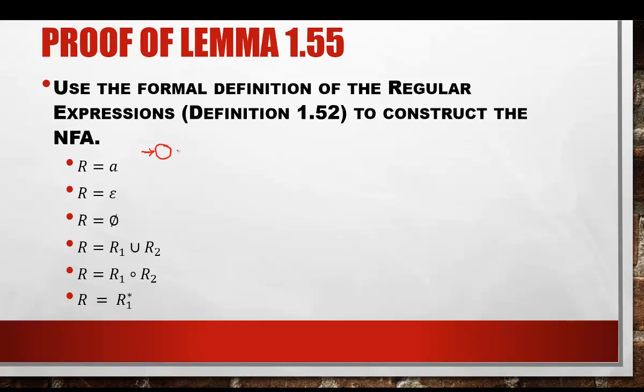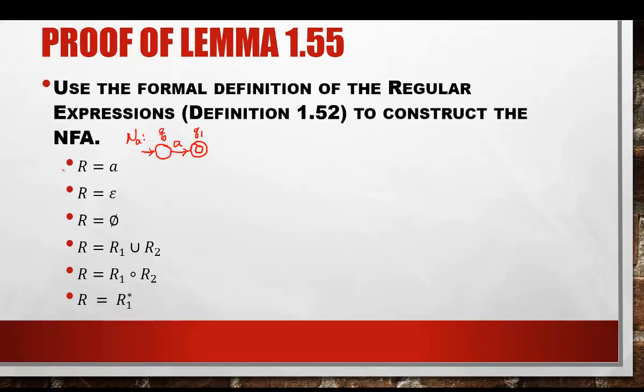If R, the regular expression, is a single letter in the alphabet, then this conversion effectively means that you have an NFA that has a start state. It reads a symbol, and then it goes to the accept state to accept that symbol. So it has a Q sub 0 and a Q sub 1, and this is also an NFA. Let's call it N sub A. So easily we show that a single letter regular expression can be converted into a non-deterministic finite automaton.